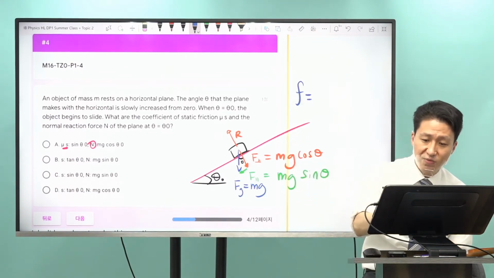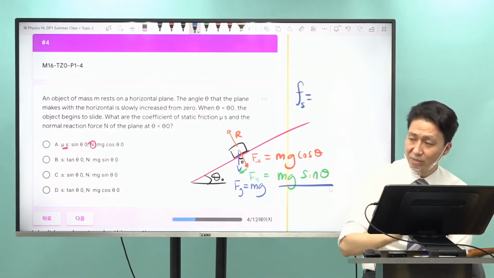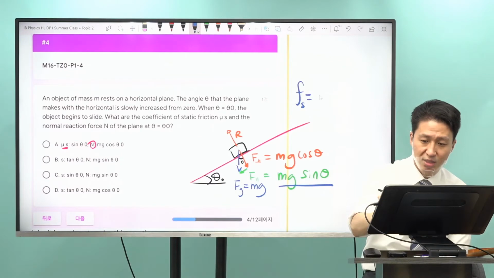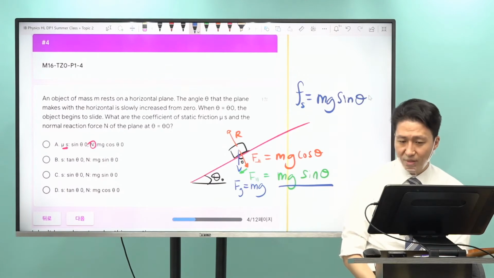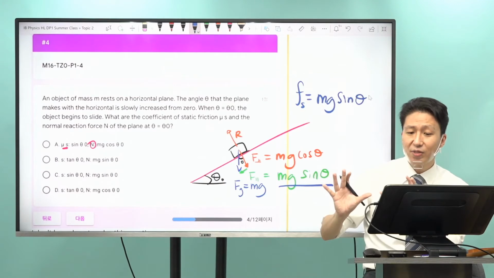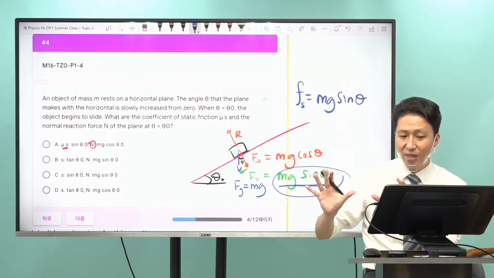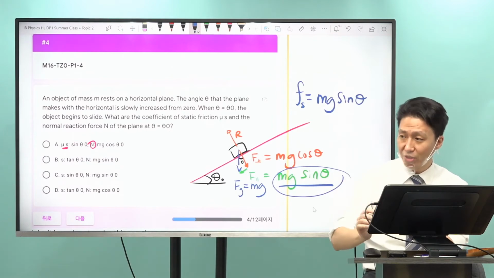So it means that the force of static friction at this point must be equal to this parallel force, mg sine theta. They're just barely equal, so that at this angle, this mg sine theta is just beginning to become equal. If you increase the angle more, this becomes larger, right?